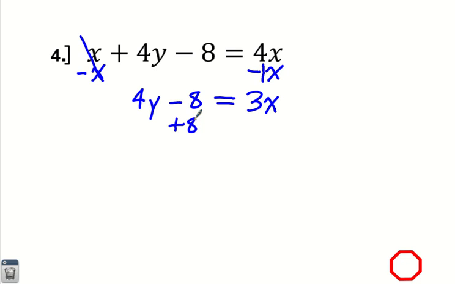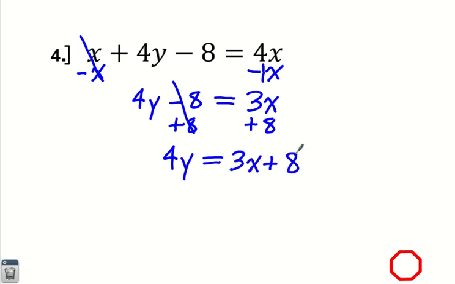And now we keep going to get y all alone. Can you do 3x plus 8, as in can you combine those together? No, they're not like terms. This has an x, this does not. So we just leave them separate. So 3x plus 8 is just 3x plus 8.